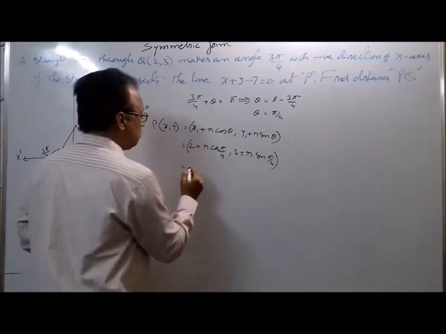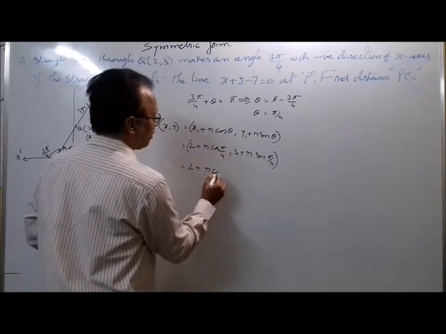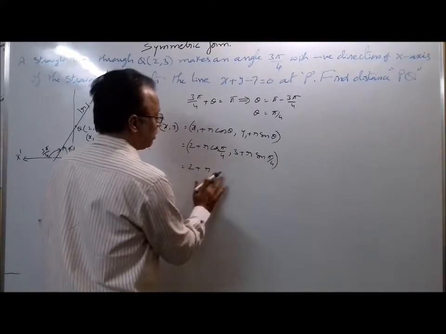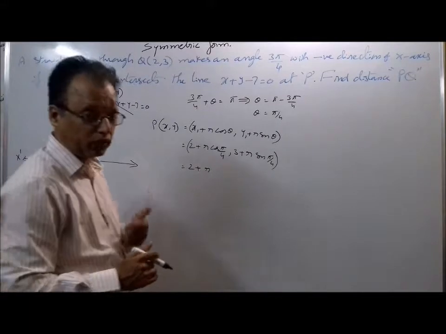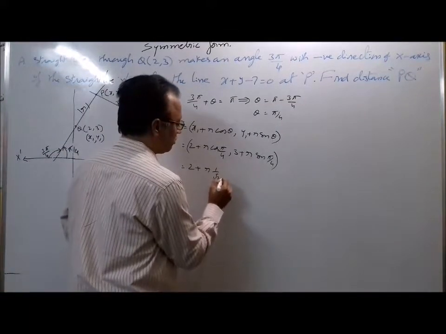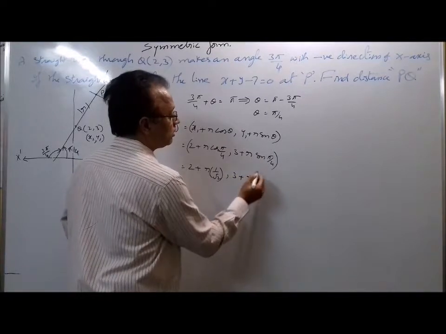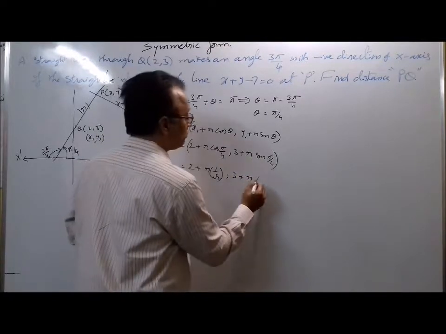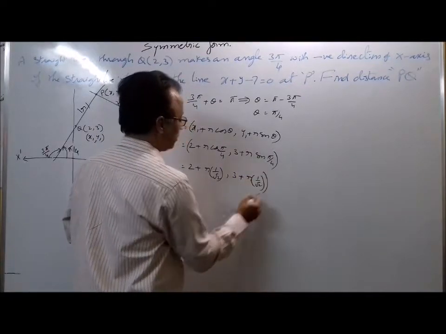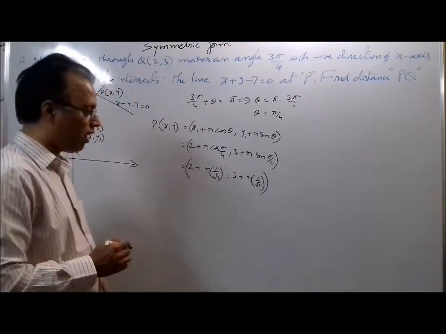That is 2 plus r cos 45, cos 45 is 1 by root 2, 3 plus r sin 45, 1 by root 2. Now this is the point P.